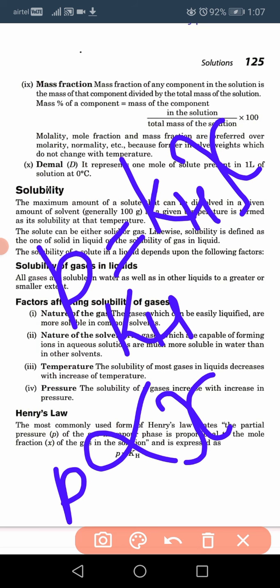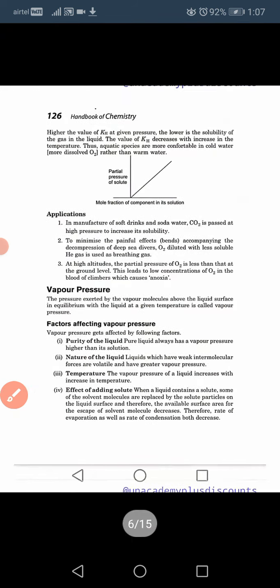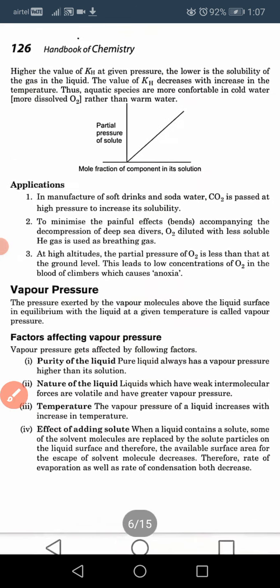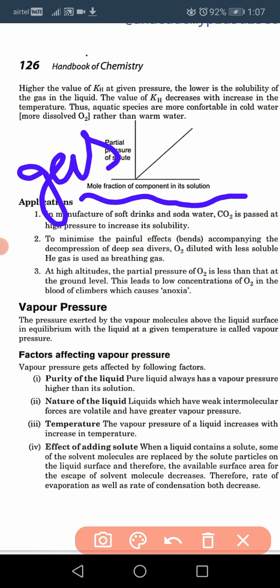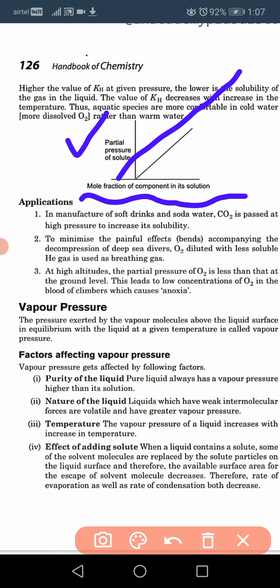We can also understand this by seeing this graph. In this graph we can clearly understand that the mole fraction of the component in the solution, here the gas in the liquid, is directly proportional to the pressure, because we have a straight line graph which shows that as pressure increases, mole fraction directly increases.